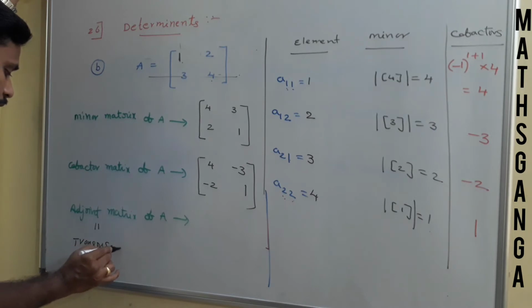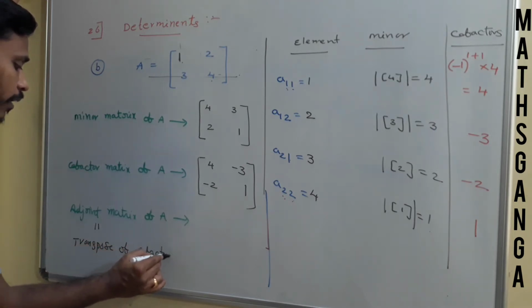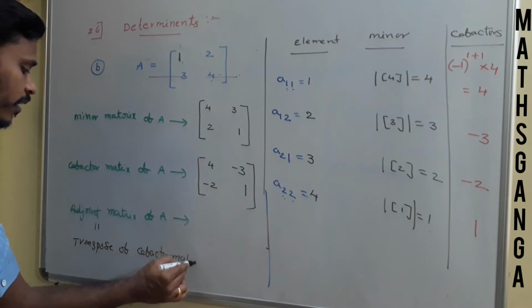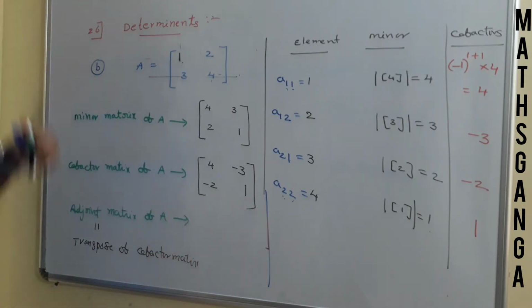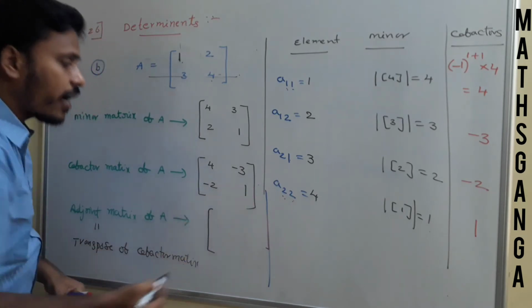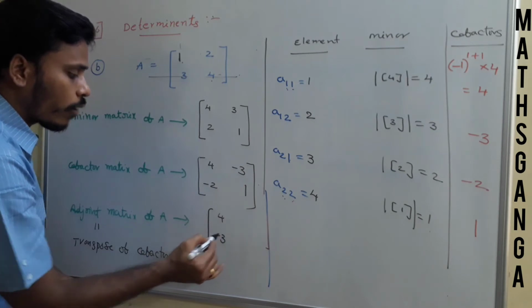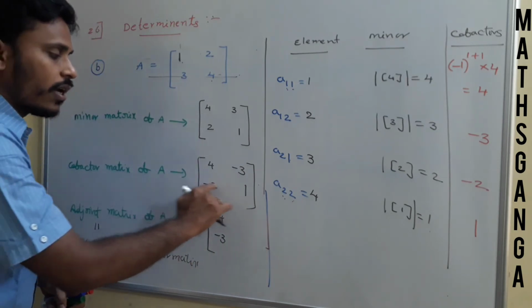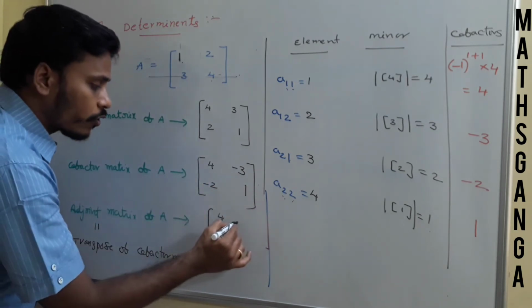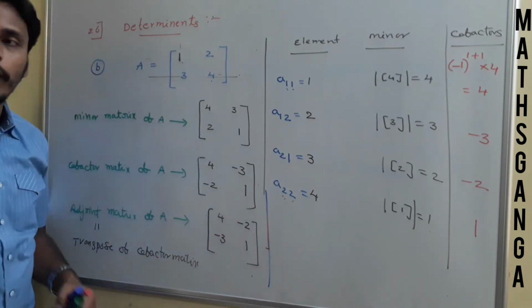Adjoint matrix is nothing but the transpose of the cofactor matrix. Here it is the cofactor matrix and its transpose. Here the first row is 4, minus 3, so you need to write the first column as 4, minus 3. Here the second row is minus 2, 1, so you need to write the second column as minus 2, 1, and this is the adjoint matrix.